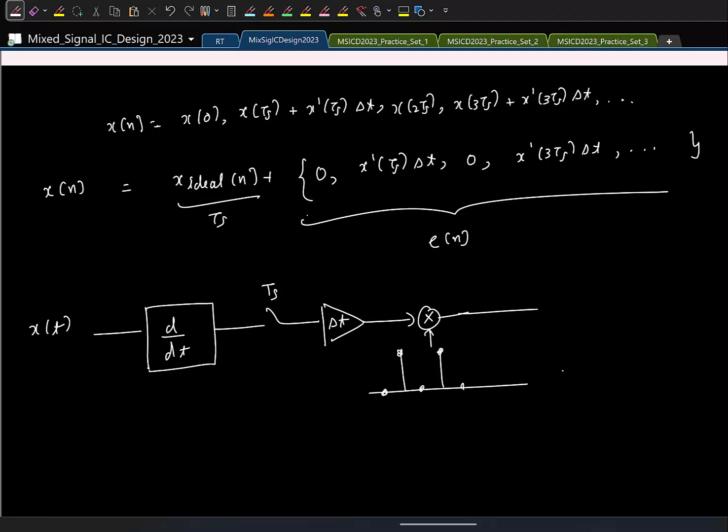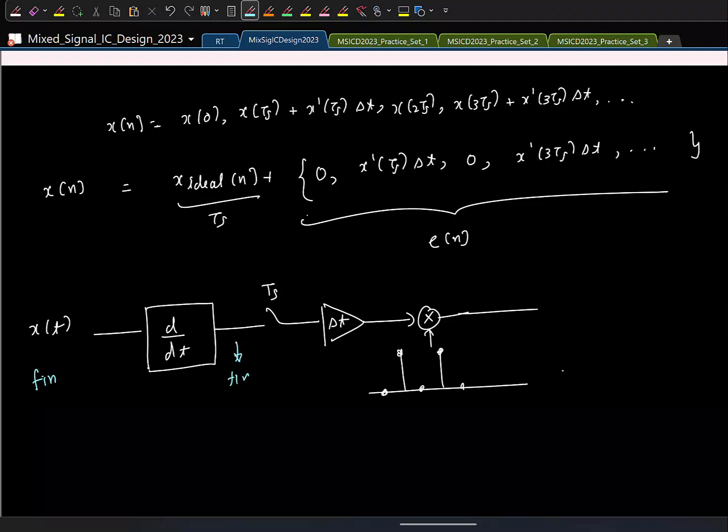Okay, so let's see how this error sequence is going to look. Again, I'll assume the input is a sinusoid at Fn. After differentiation, the frequency is not going to change. Let's say after sampling, nothing happens. Scaling by delta t, nothing happens. So what are the frequency components of the multiplying sequence? 0 and pi. Again, it's a periodic sequence with two samples, so only two frequency components.